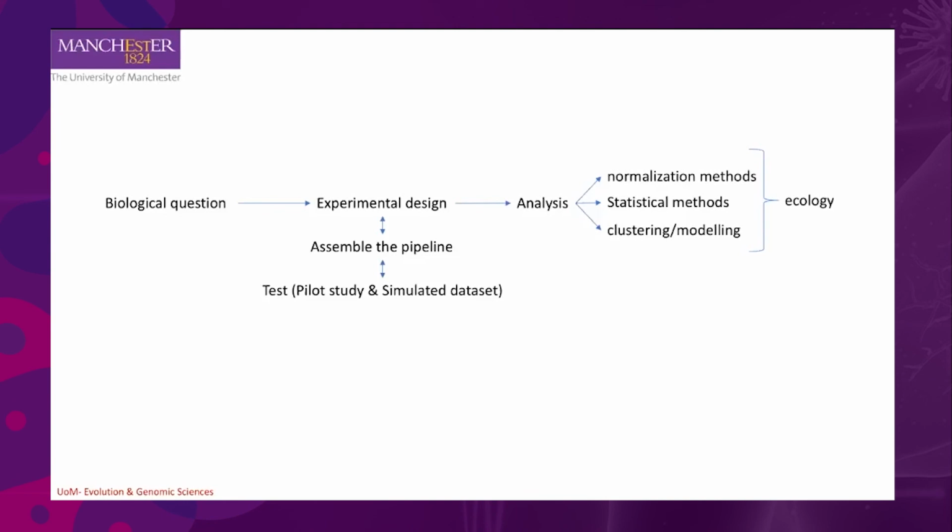After a first pilot study, this will feed back again on the experimental design. So most probably the user will have to change the experimental design a couple of times in order to get the ideal performance. After that point, someone can move on to a larger study, and then, of course, do the analysis.